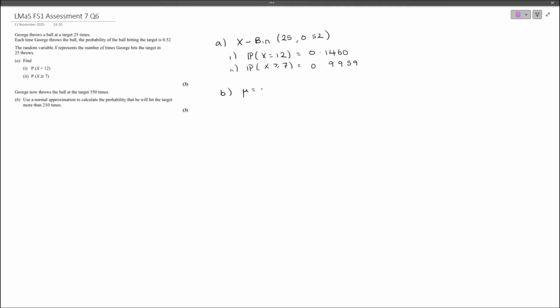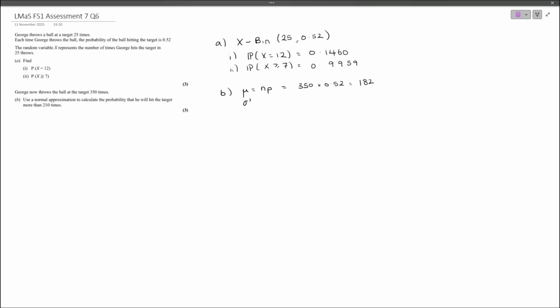So our mean is equal to np. We don't need to write down our distribution, we can use n and p from the question. So n is 350, p is 0.52. So our mean mu is 182.